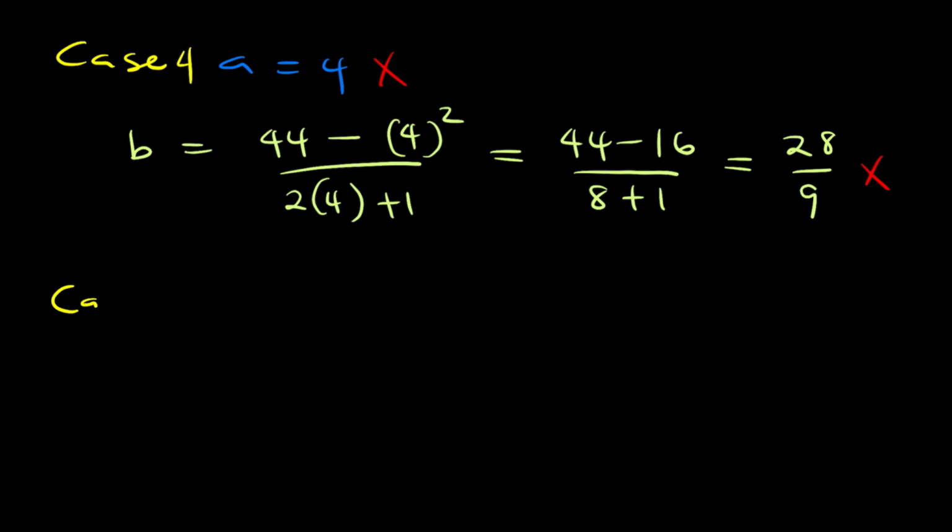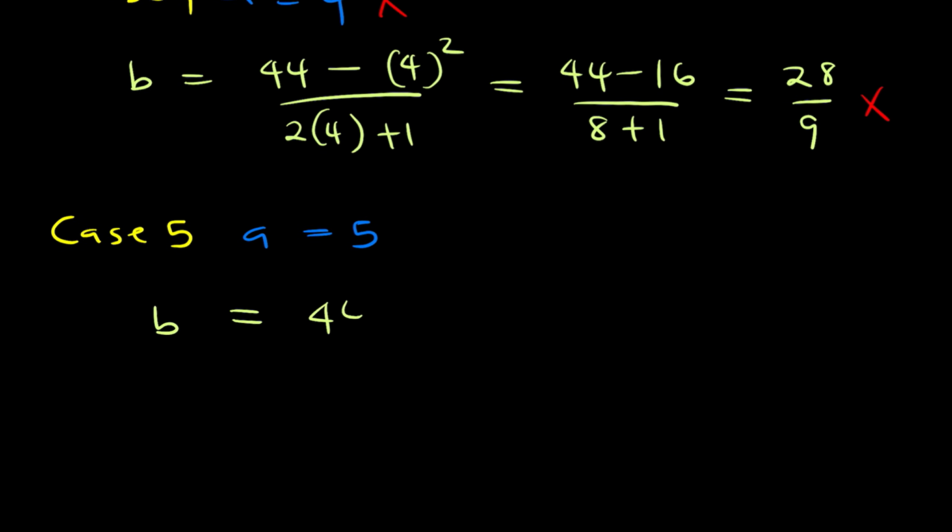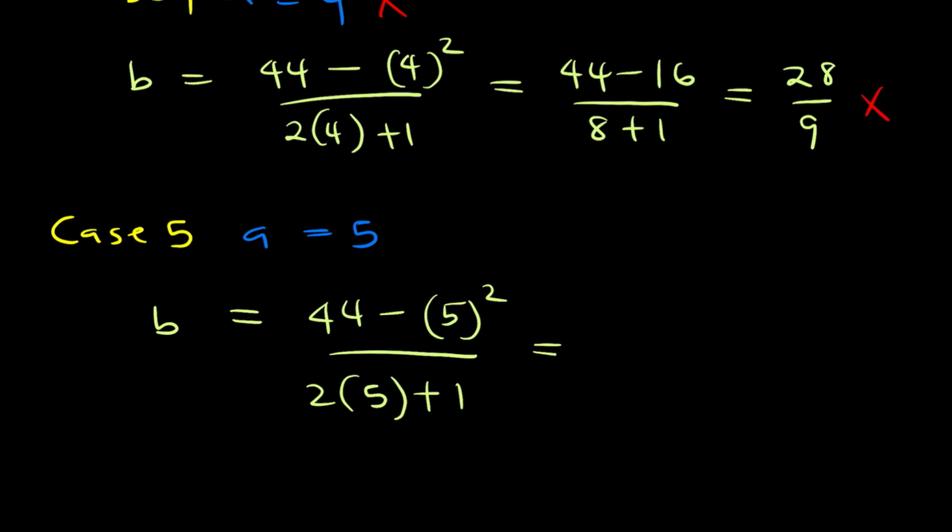And case 5 is when a is 5. So let us test for the corresponding value of b. Here you have 44 minus 5 squared divided by 2 into 5 plus 1.